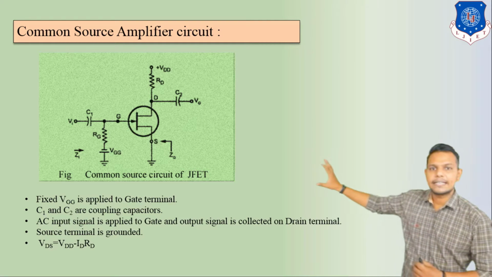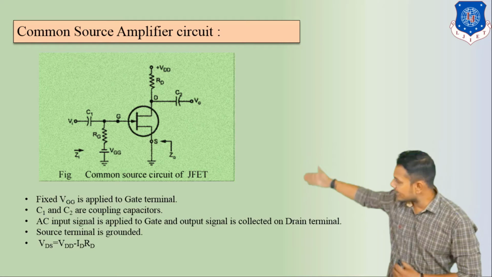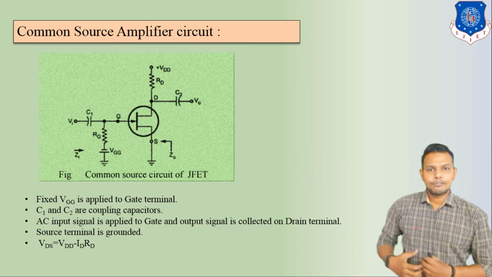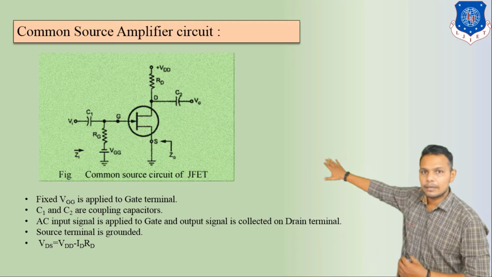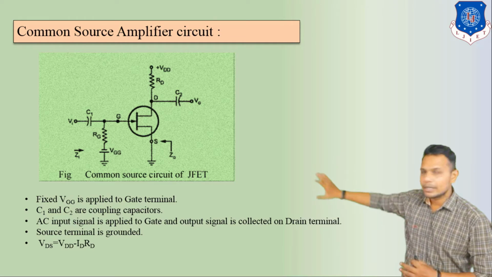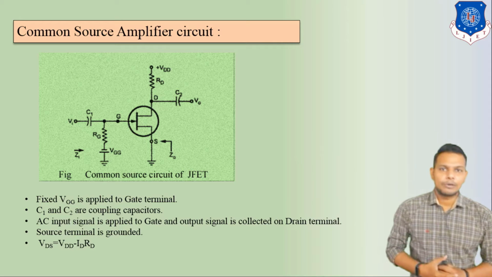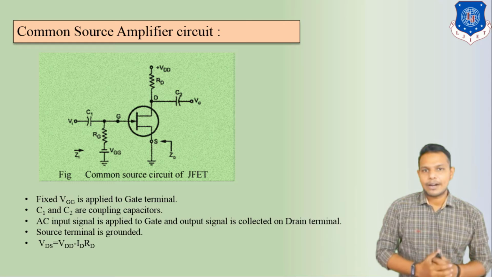Here we can see the source terminal is grounded. Basically we are providing our input at the gate terminal, we get our output at the drain terminal, and the source terminal is grounded. So this is known as the common source amplifier circuit.